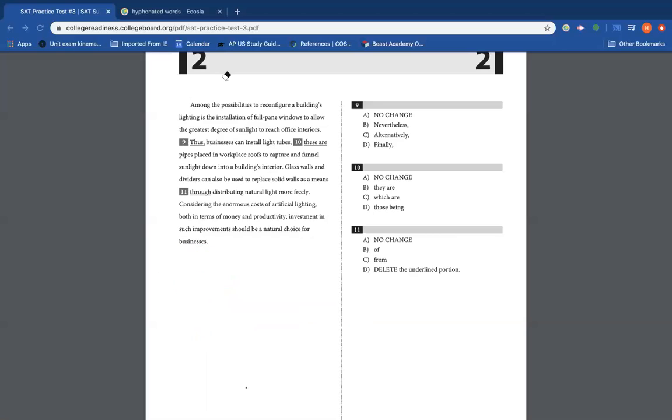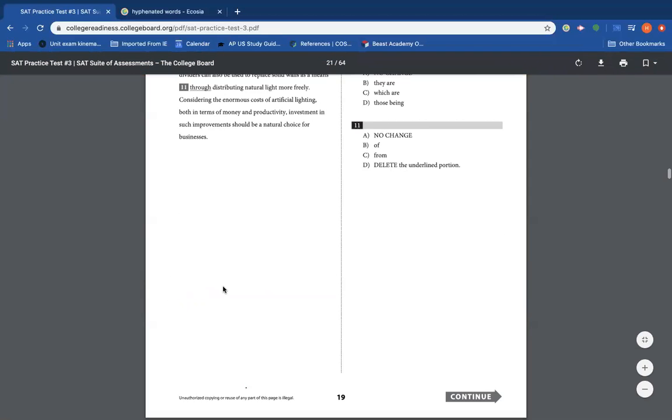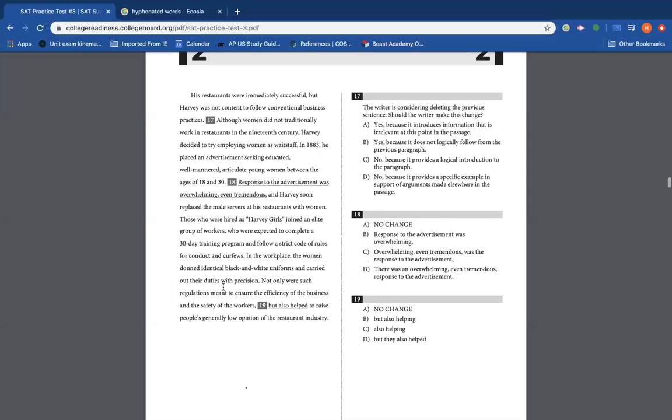Now dashes work like parentheses. If I'm adding extra information, or if I want emphasis. That's one way they're different from parentheses, since I can add emphasis, but when I'm adding extra information, they work exactly like parentheses. And the information doesn't really have to be related when you have the dash.